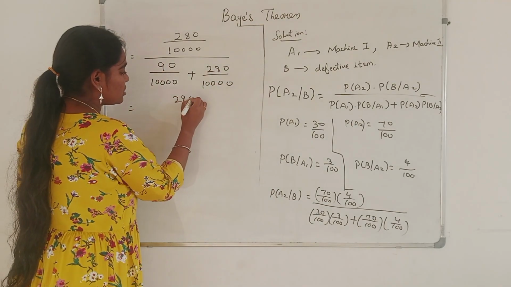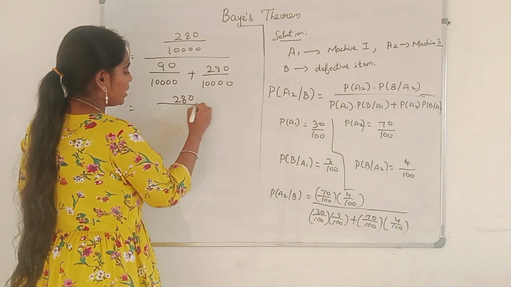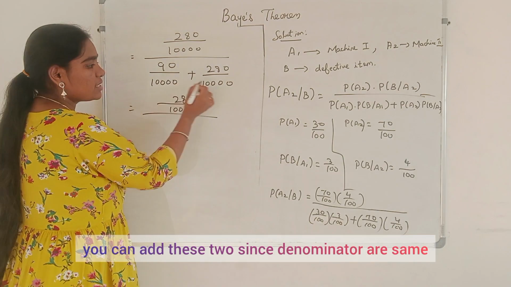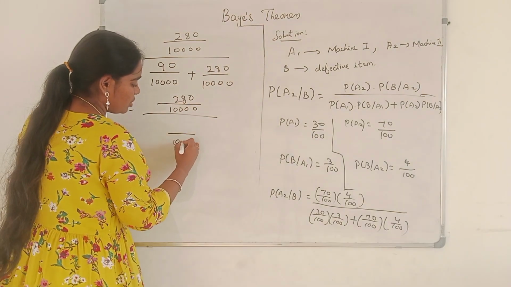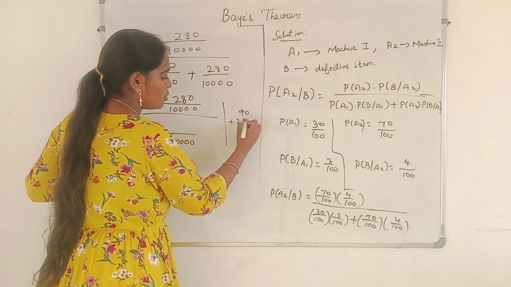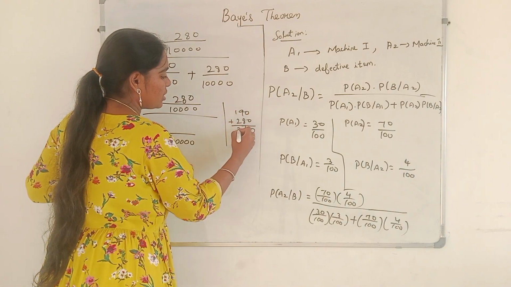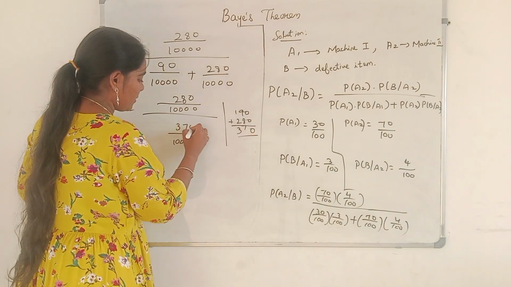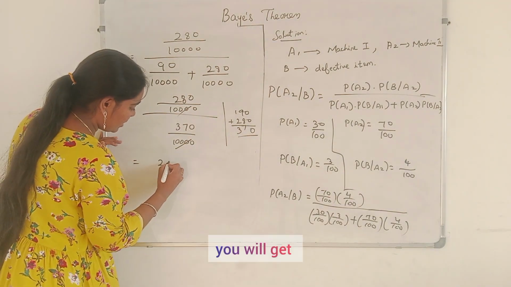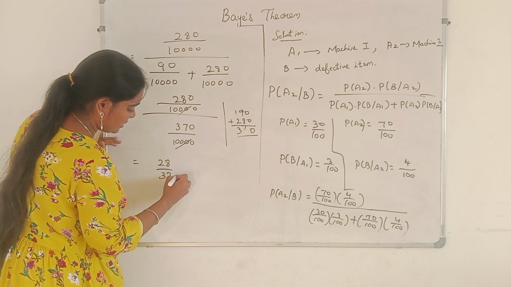Next 280 by 10,000. You can add these two since the denominators are same. You can add these values. So 90 plus 280, that is 370. So by further simplification, you will get 28 by 37.